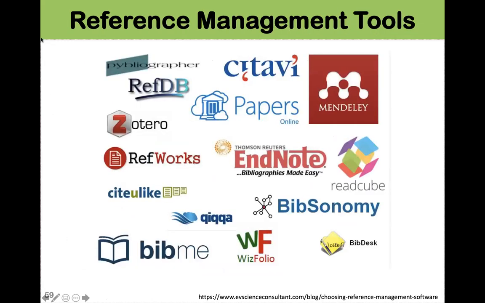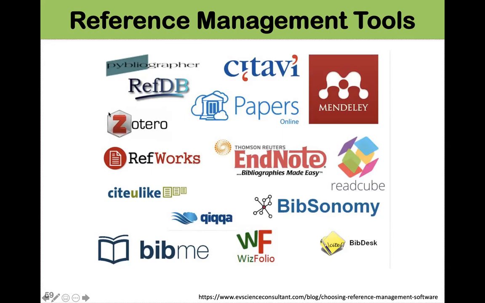So in terms of reference management tools, we talked about a few the other day. We talked about EndNote and we talked about Zotero. And guess what? There are plenty of them out there, right? I knew RefWorks and I'd forgotten RefDB and so on. There are as many as here.